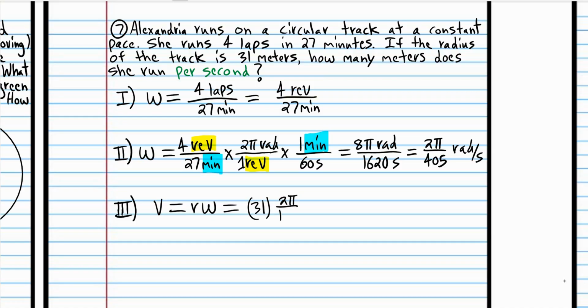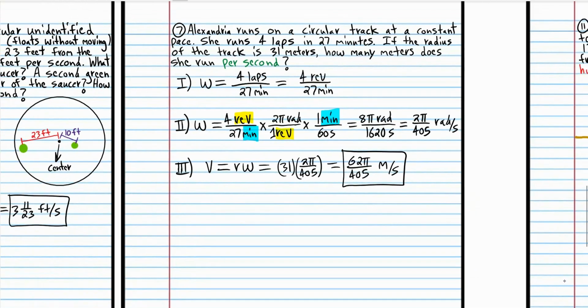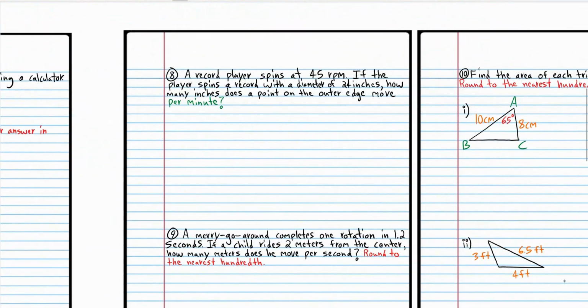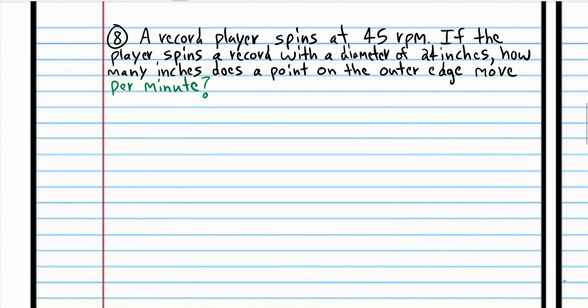That's 2 pi over 405. And we get 62 pi over 405. And that is meters per second. So that's the answer. The problem doesn't tell us to round off, so we can leave the answer in that form. So if you got that right, good. Try number 8, and when you come back, we'll do it together.